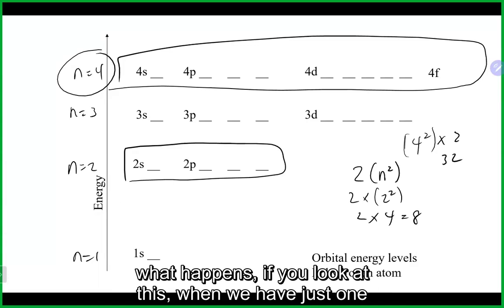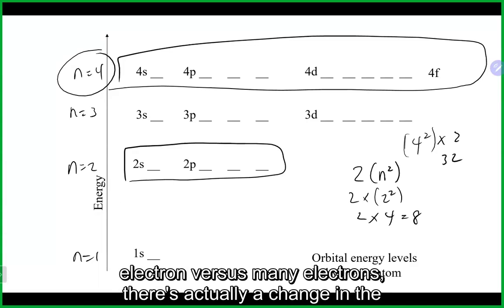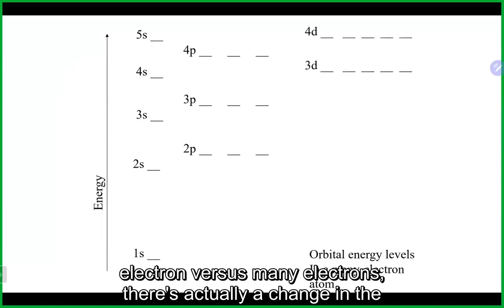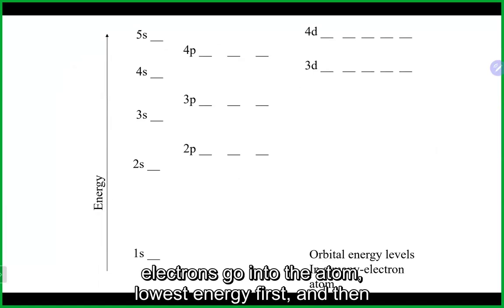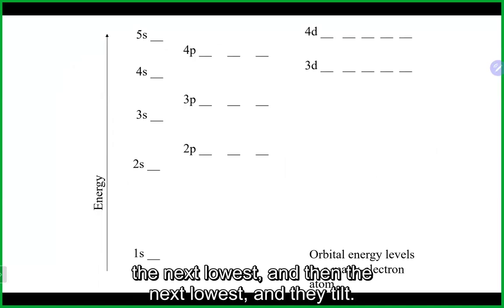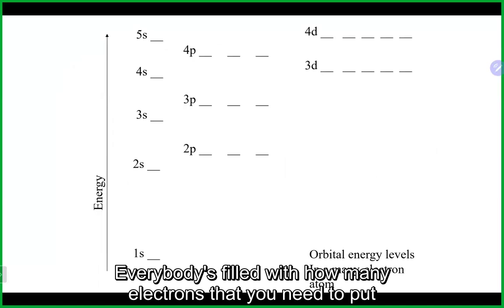When we have just 1 electron versus many electrons, there's a change in the energy of these orbitals. That's really important because electrons go into the atom at lowest energy first, then the next lowest, and so on, until you've filled however many electrons you need.